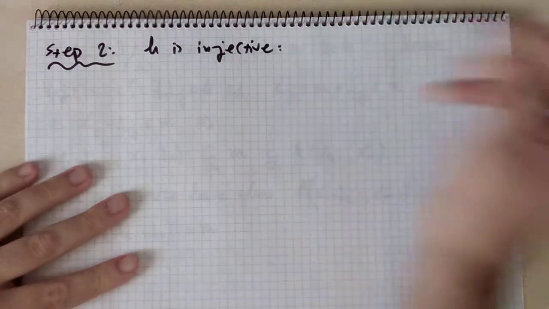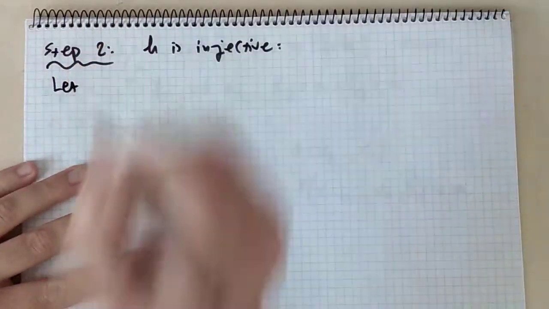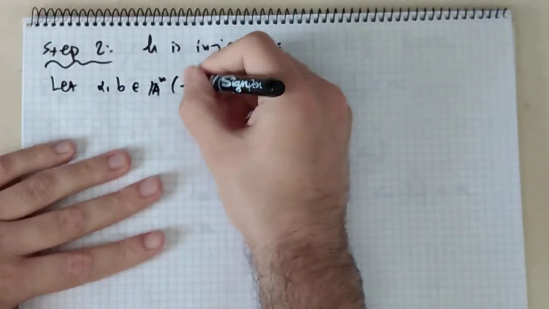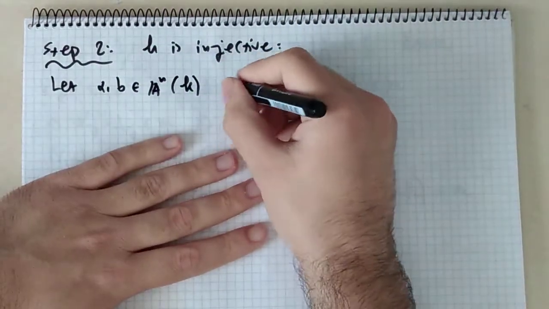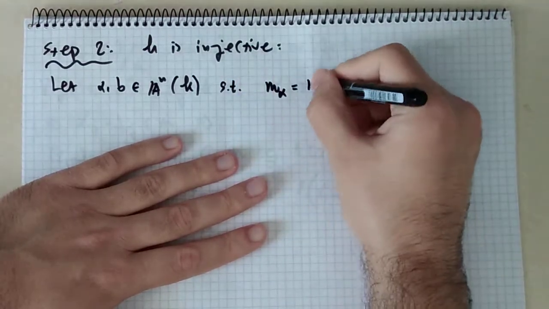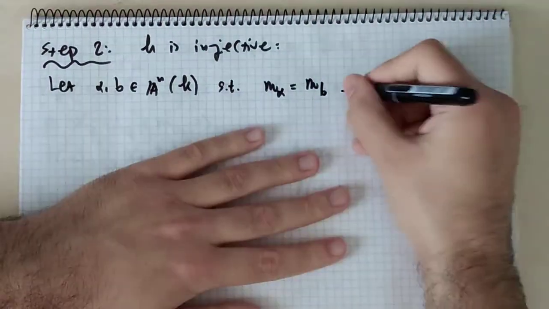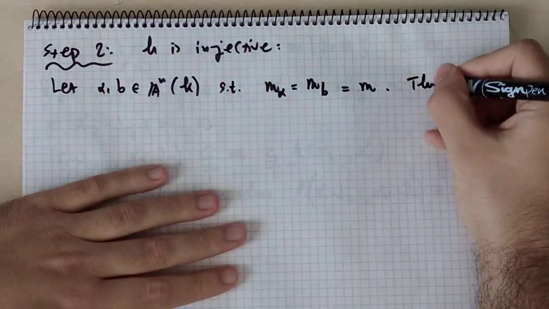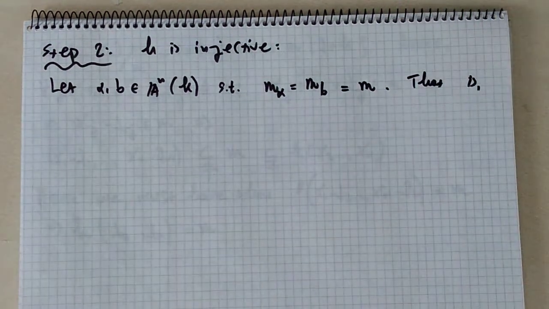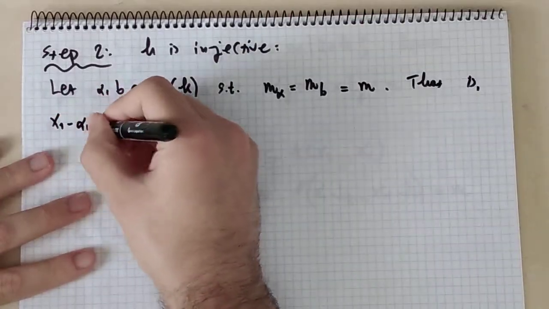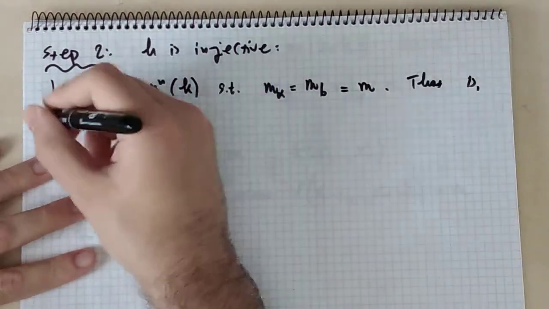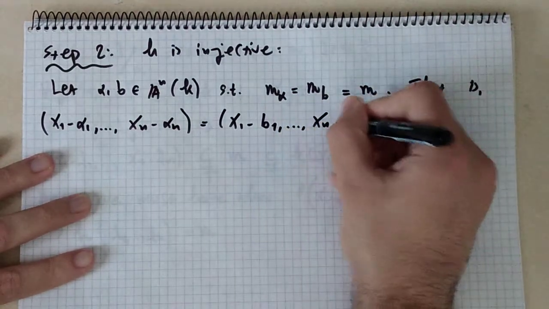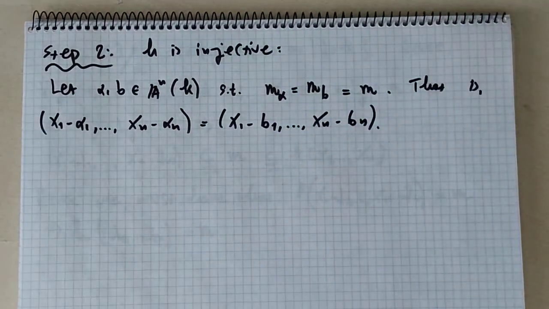Okay, so let alpha and b be elements in n-space over K such that we have this equality, and let's call these ideals M, right? So if we write this a bit better, we have this equality of sets.